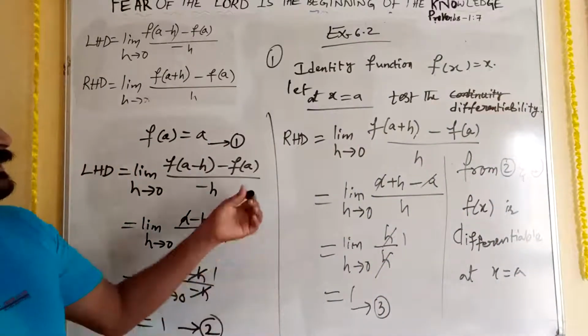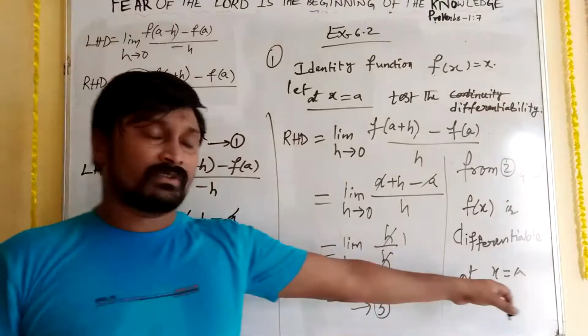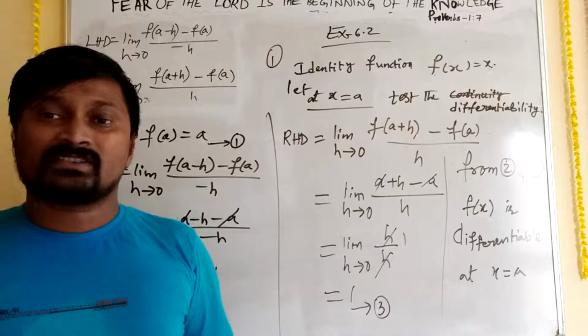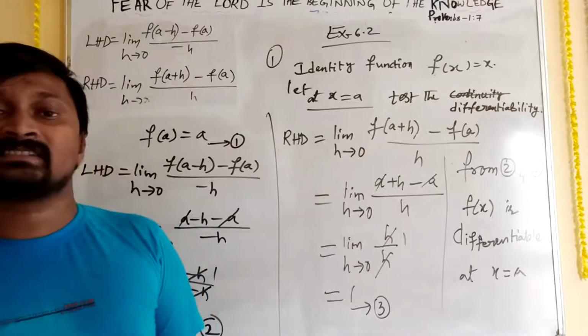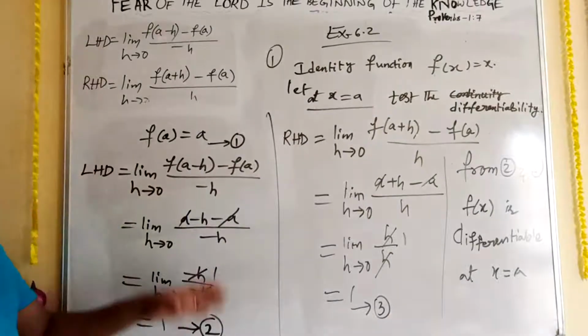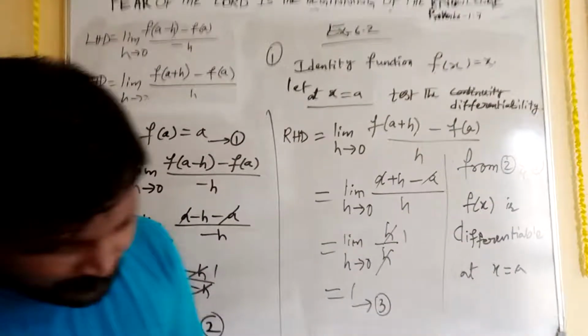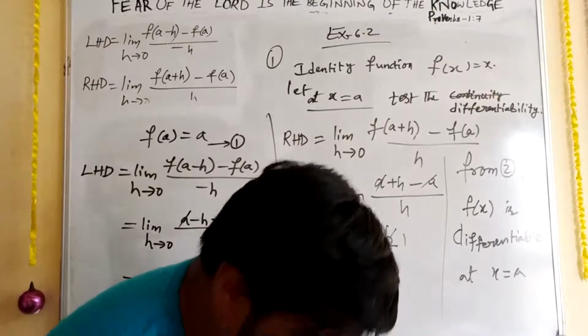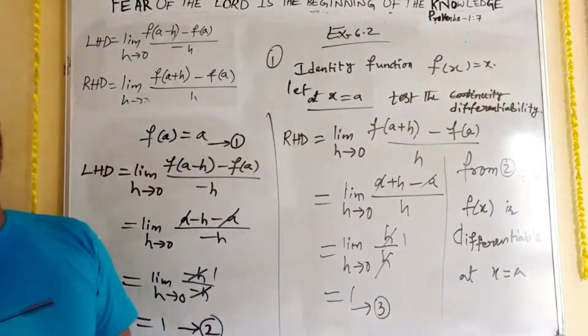Remember that. You got both as 1, so it is continuous and differentiable. Okay, you all understood? Any doubt in this? Yes, Priyanshi, RHD is equal to 1. So that is about the first one. Second I'll also explain, then third and fourth do as homework.